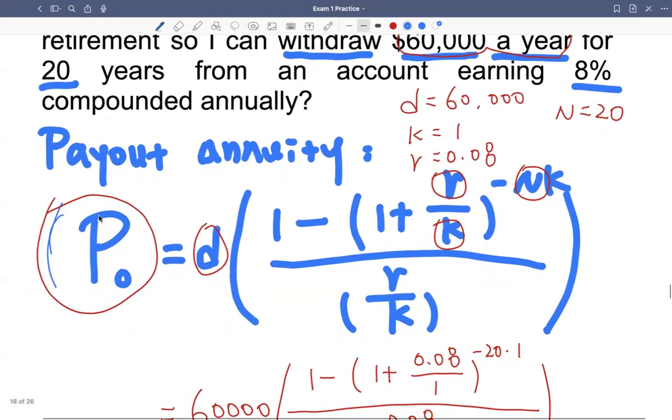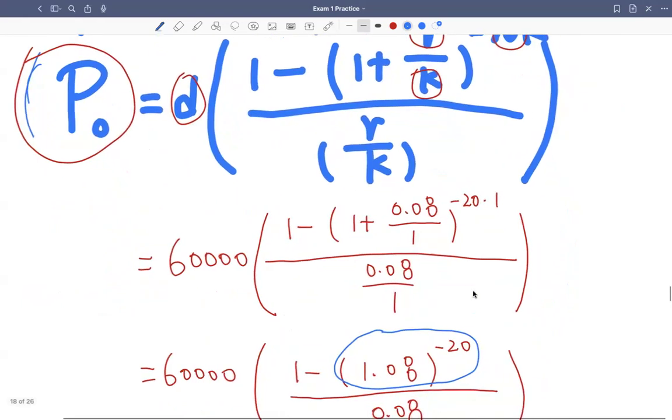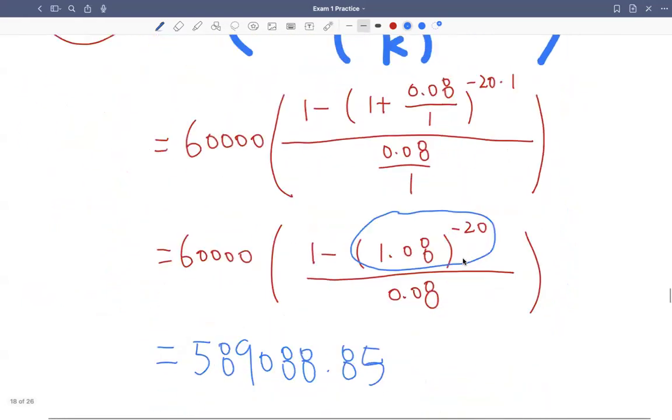Little d represents the withdrawal amount, then we have r, the interest rate, k, how many times we withdraw per year, and n, the number of years, the next 20. We just put the corresponding values into the corresponding variables, then do the calculation.